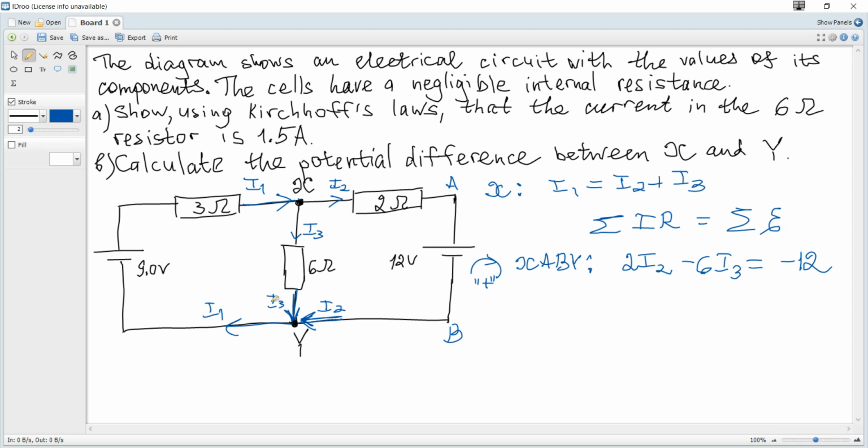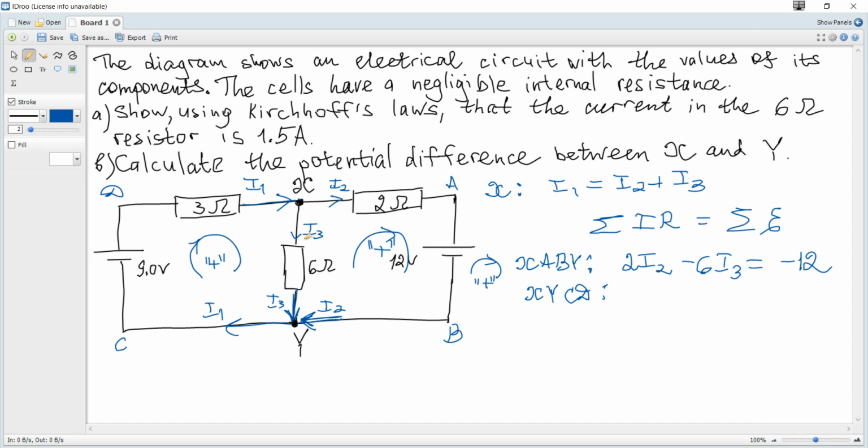Let's consider, for example, X, Y, C, D. So we are moving from X to Y to C to D and to X. Let's choose clockwise direction as positive again.